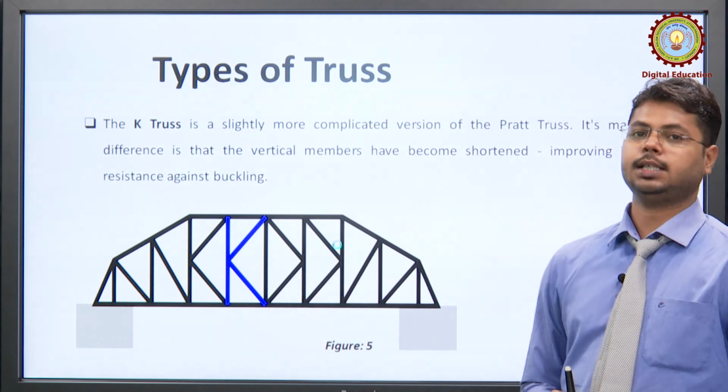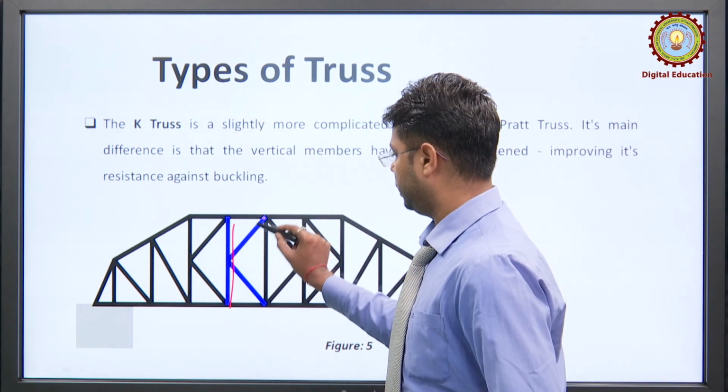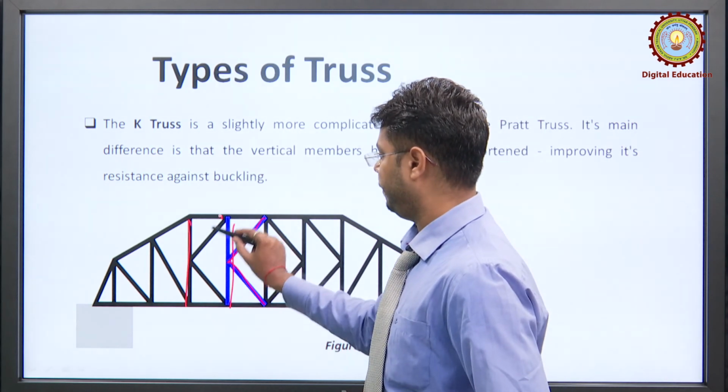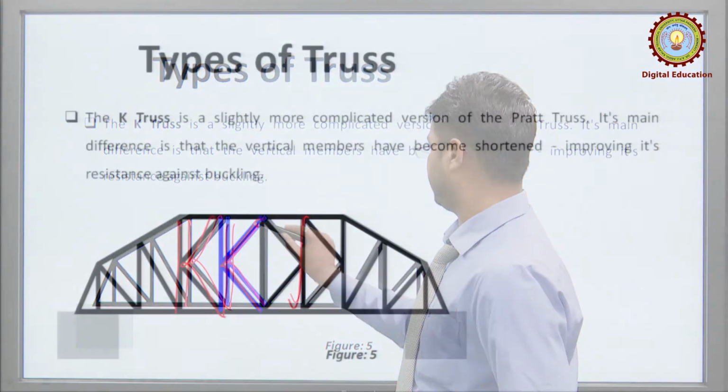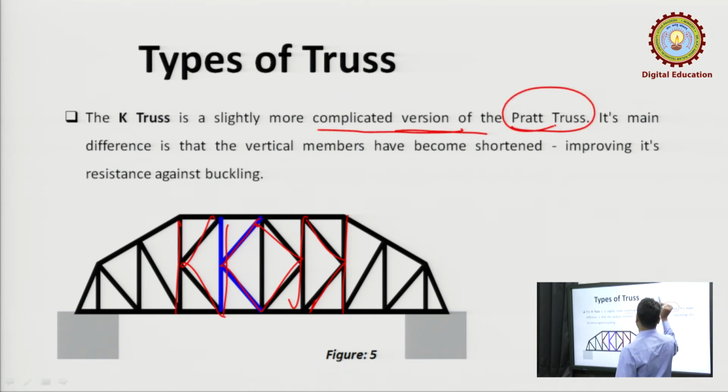Okay, so this was your Warren truss, and next we are going to discuss the K truss. What is the K truss? You can see here the shape of a K is made by the truss. The K truss is a more complicated version of the Pratt truss.